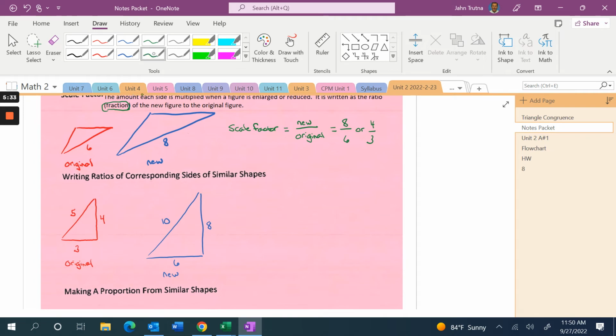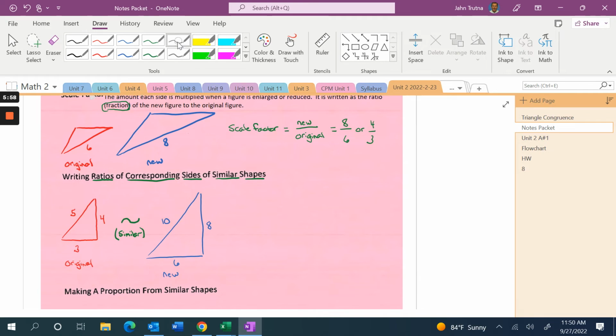So these two shapes are similar to one another. By the way, that squiggle symbol I just put in green is the symbol for the word similar. So what we want to do is write the ratios of the corresponding sides of these similar shapes.